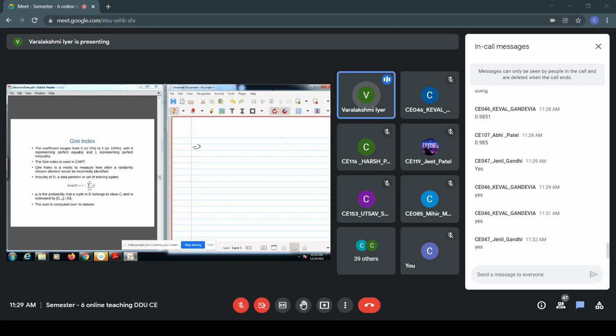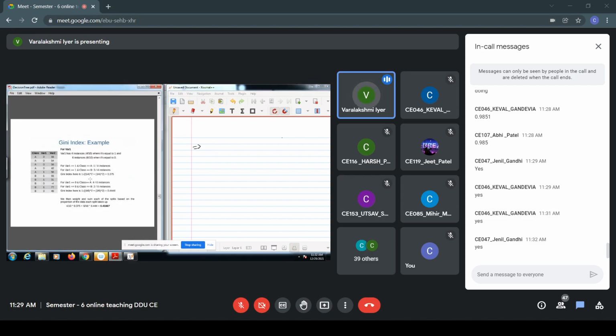Similarly, in this case we have two attributes, variable 1 and variable 2.